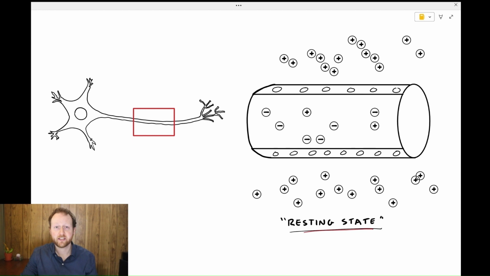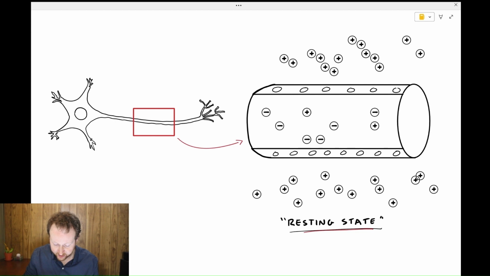And when a neuron is in its resting state, we know a couple of things about that neuron. One of the things we know is the membrane of that neuron has what we would call a negative net charge. And a negative net charge just means that inside of the neuron is more negatively charged than outside of the neuron. So here we're zoomed in on a little section of the axon.